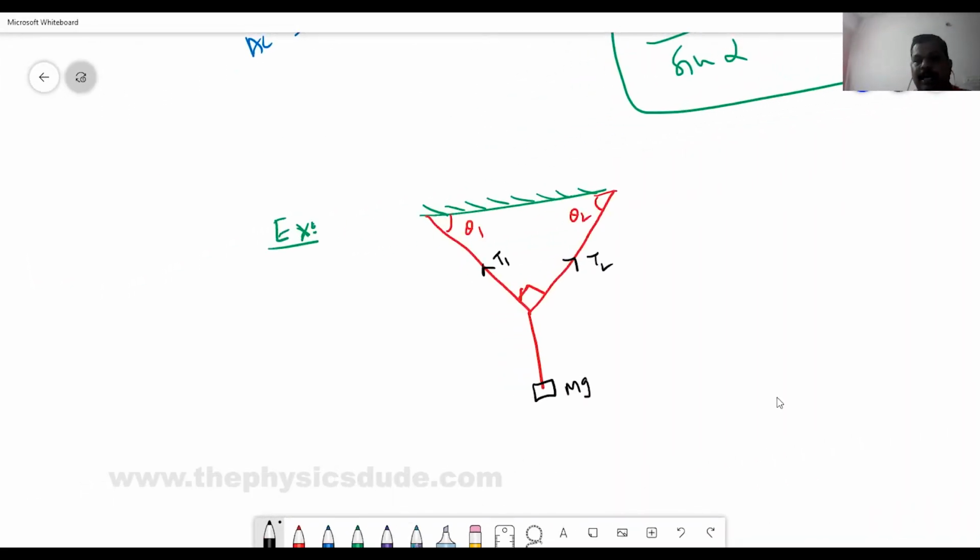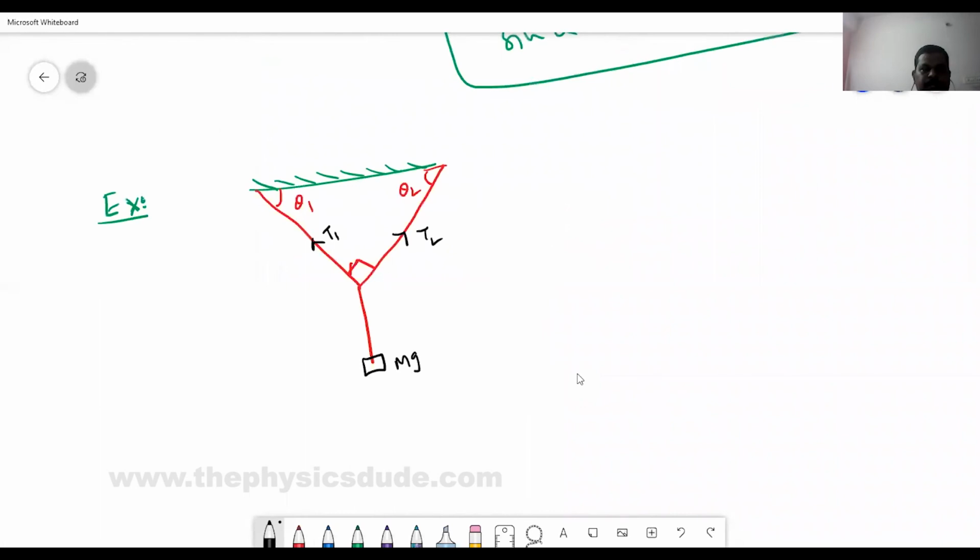How to apply Lami's theorem for this case? Very simple. You draw a parallel line here. If this is theta 1, this also becomes theta 1, alternate angles. And clearly understand that this angle is 90 and this also 90.